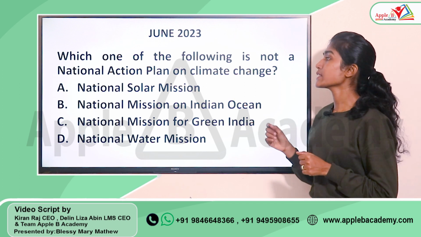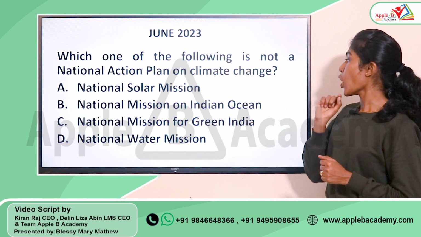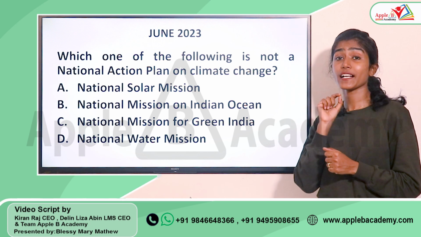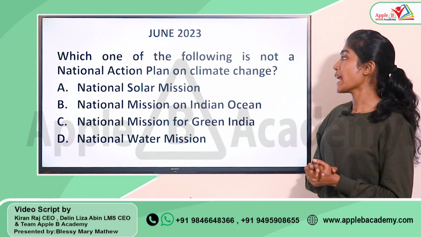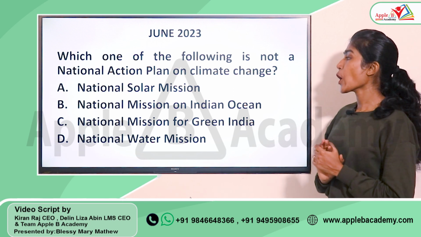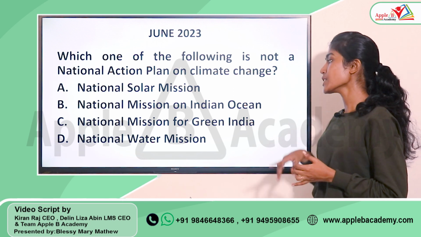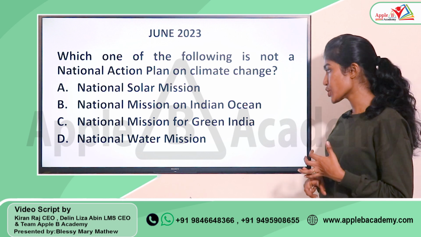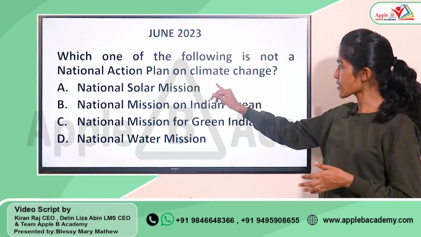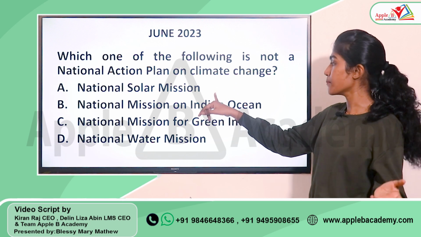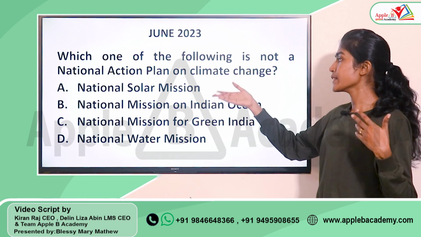In this question we need to identify the option that cannot be considered as part of the NAPCC, the National Action Plan on Climate Change. If you consider the options, we have National Solar Mission, National Mission on Indian Ocean, National Mission for Green India, and National Water Mission. National Solar Mission basically comes under the NAPCC.